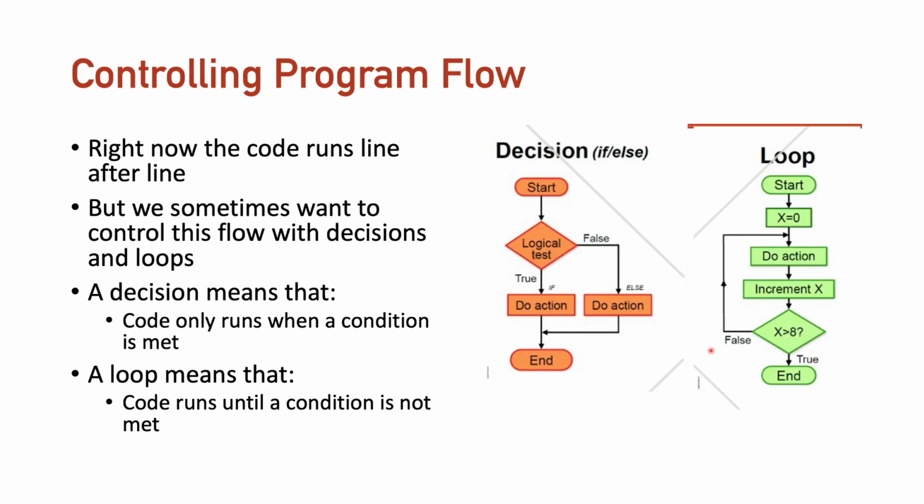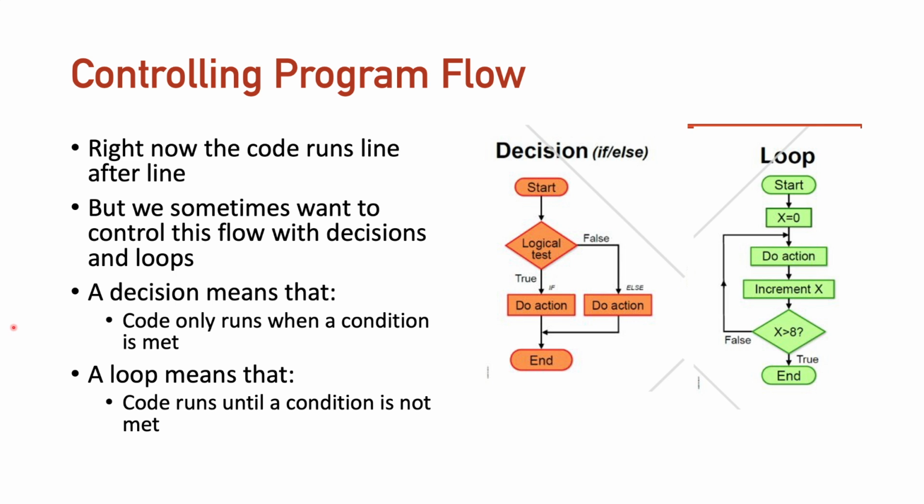Now, right now, our code runs one line at a time. And that's useful. It's good to know what comes next. But sometimes you want to control the flow of our program. So that means we maybe want to do multiple things or do a logical test. So we control this with decisions and loops. So decisions, or an if statement or if else, means that code only runs if a condition has been met. So let's say, you might have seen it in something like spreadsheets.